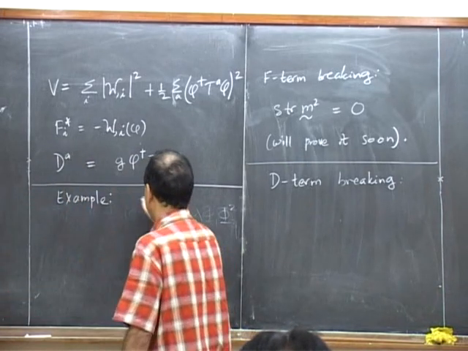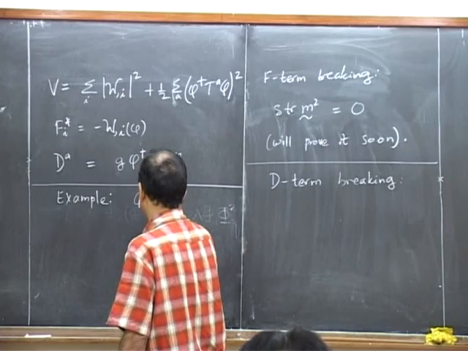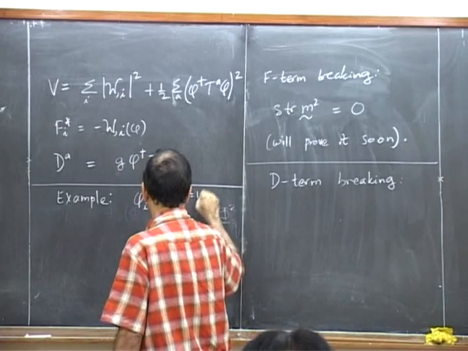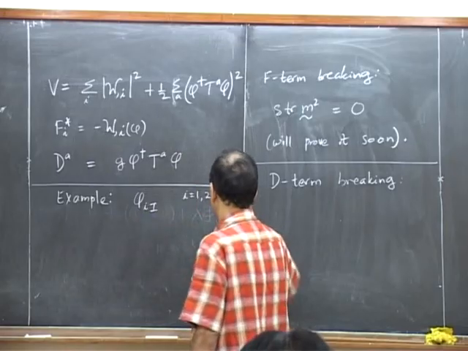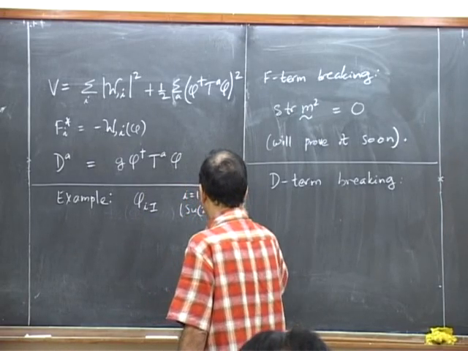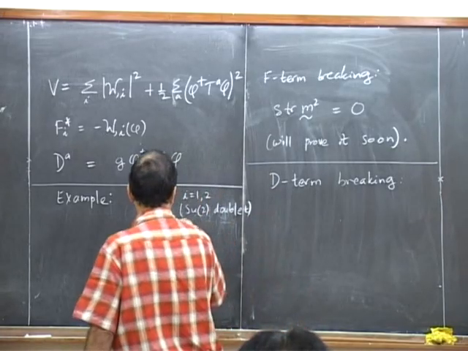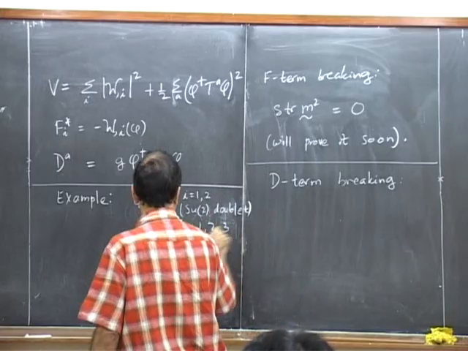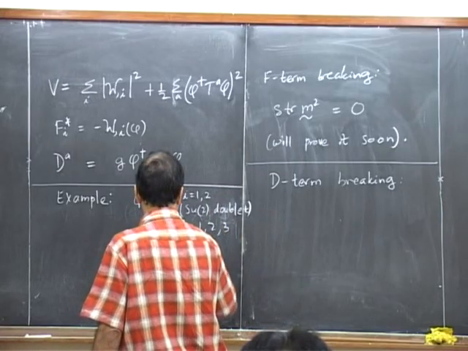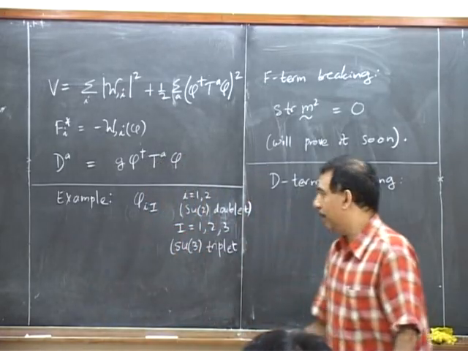So in this example, I'll take exactly what I said. Phi has an index i and an index I. i goes from 1 to 2, so it's an SU(2) doublet. It's not supposed to be realistic, but it's pretty close to realistic. I equals 1, 2, 3, so it's an SU(3) triplet. But let's make matters a little worse.